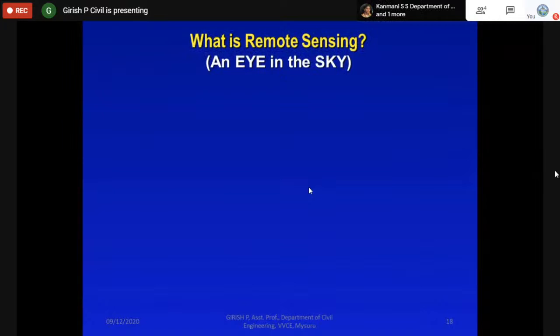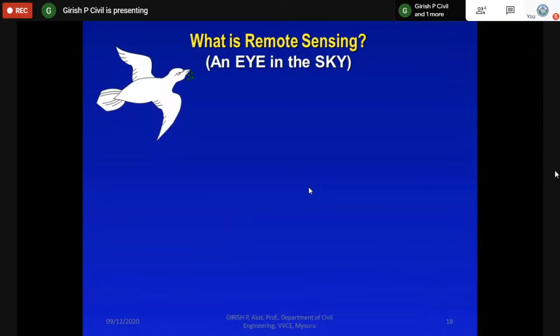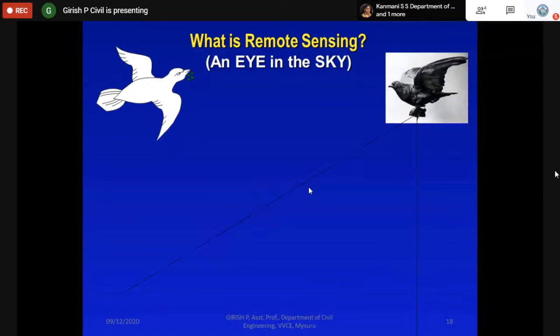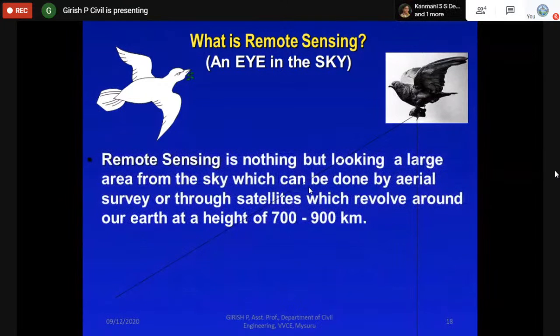Now we move on to remote sensing. When I speak of remote sensing, the definition is similar to whatever we derived with respect to photogrammetry or aerial photographs. If you see the figure, remote sensing, an eye in the sky.